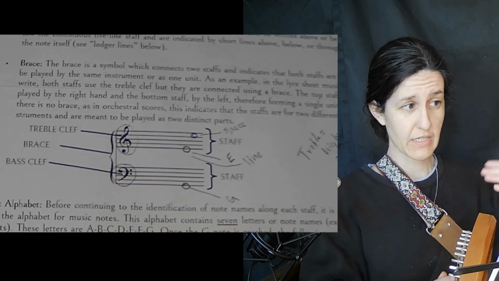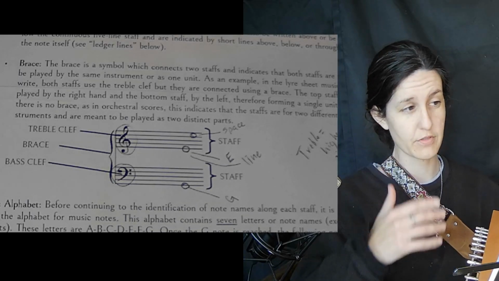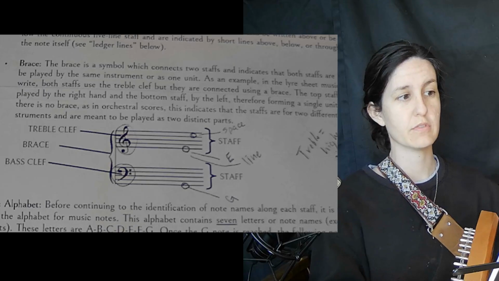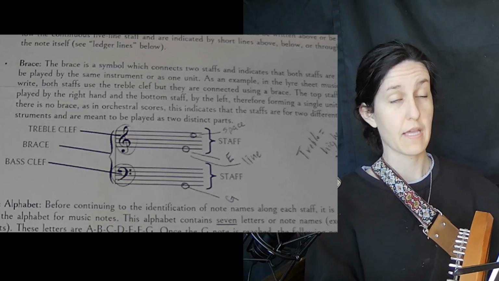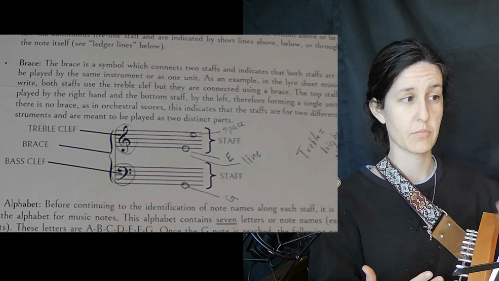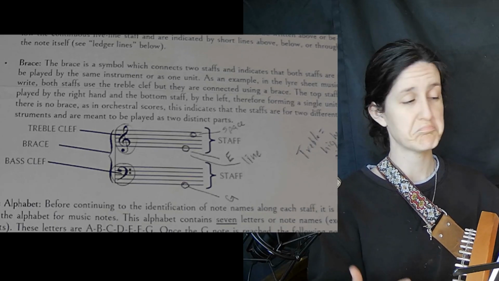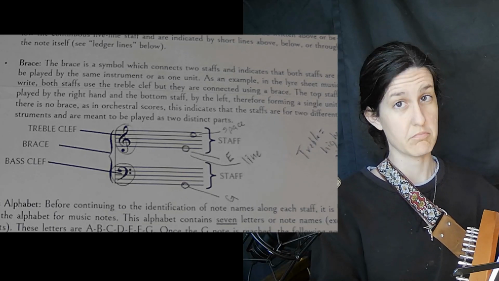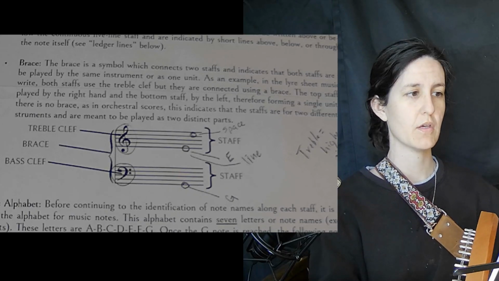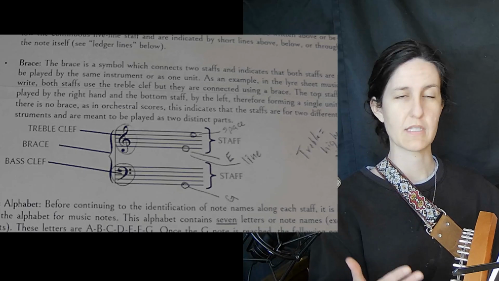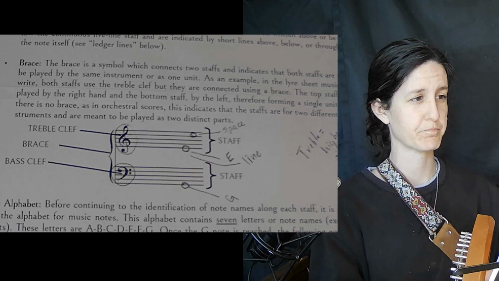So in contrast, when I use sheet music for lyre stuff, I usually have 2 treble clefs because I don't need pitches that are that low as the bass clef. When you have a treble clef on both the top and the bottom staff, if I have a note on that bottom line, no matter which staff it's on, it's that same E, because that clef tells me what those lines and spaces mean in regards to the particular pitch.